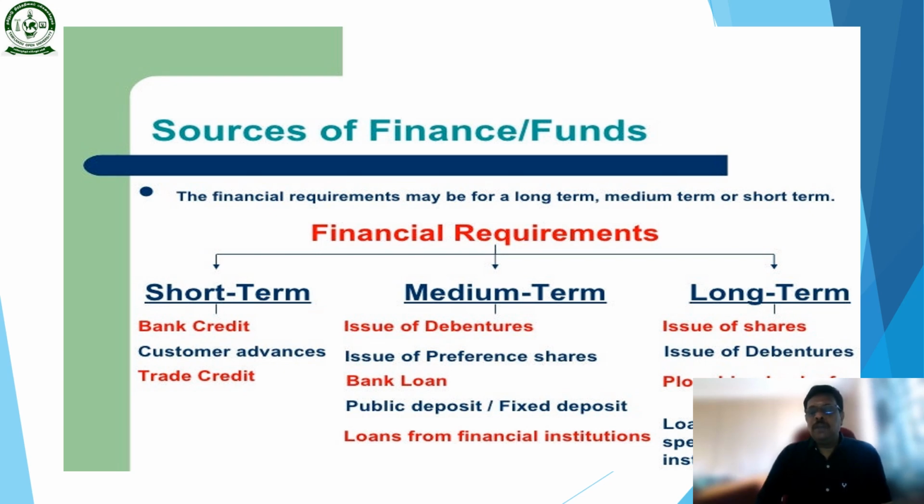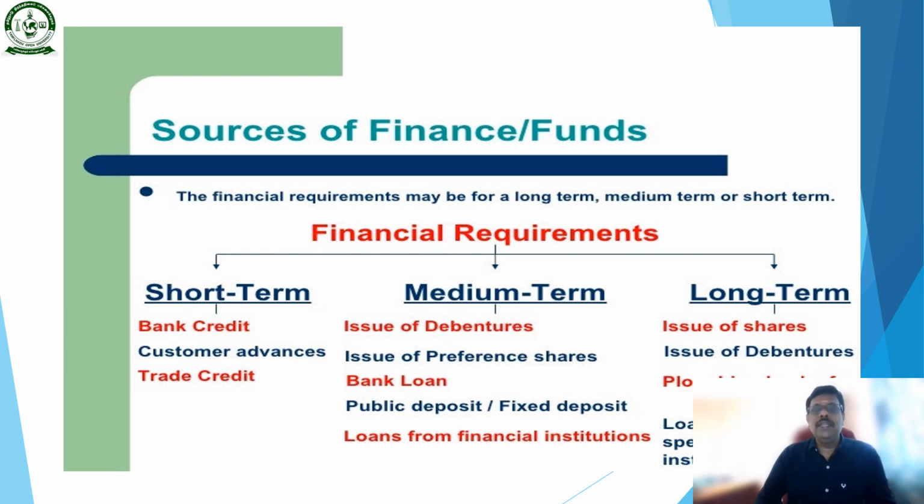That amount will be utilized for the business on a permanent basis. On the basis of the profit, a percentage of profit will be given to the equity shareholders as dividend. Issue of debentures is a long-term way by which a company can raise funds.